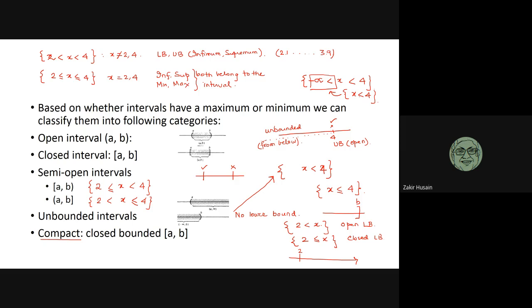Okay, compact interval is that it is closed. So that means the boundaries are included and you have boundaries. Yeah, you're right that a closed interval itself is compact, but what it basically implies is that both the boundaries exist.